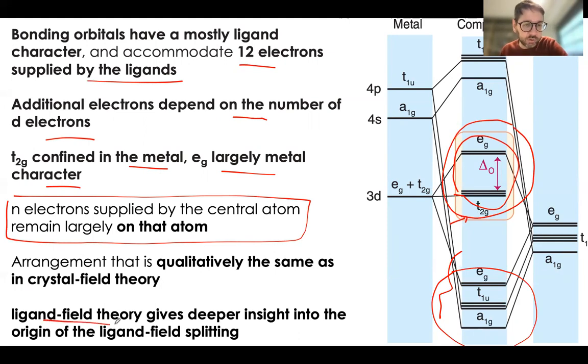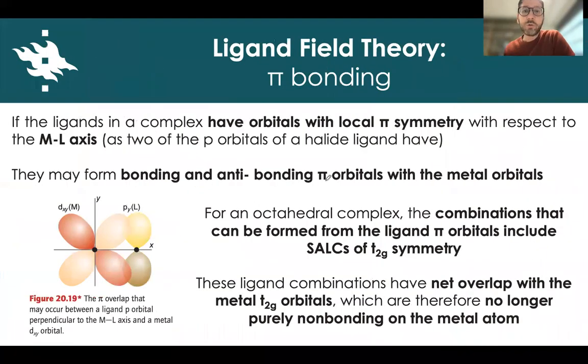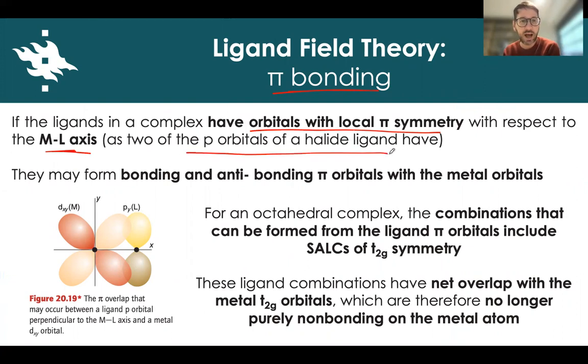However, the ligand field theory gives a deeper insight into the origins of these ligand field splittings, because we can now also consider the effect of pi bonding. If the ligands in a complex have orbitals of local pi symmetry with respect to the metal-ligand axis, as for example 2p orbitals of a halide ligand, they might form bonding and anti-bonding pi orbitals with the metal orbitals, right?